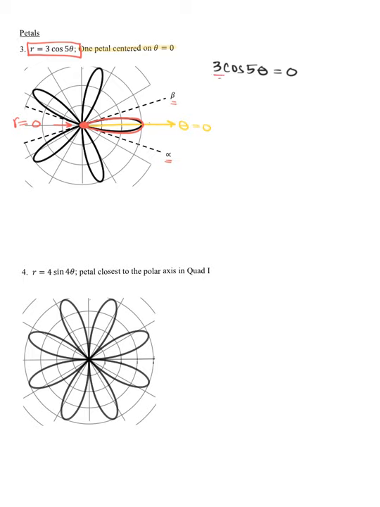So I'm going to go ahead and divide both sides by 3. And then I want to know, where does cosine equal 0? So cosine is equal to 0 on a quadrantal, and that was at pi over 2 and 3 pi over 2. And then I want to solve for theta, so I'm going to multiply both sides by 1/5.